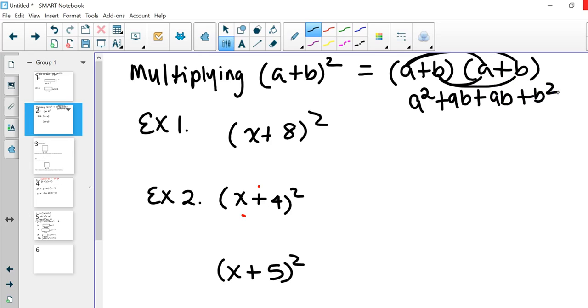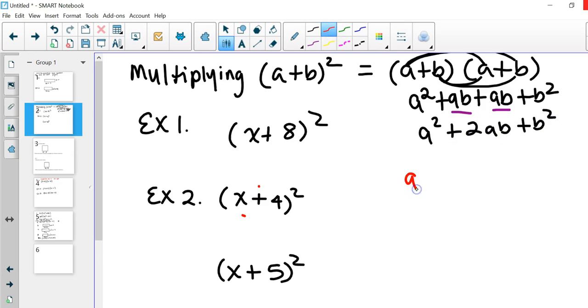After you distribute, remember you want to add your like terms. So we have two like terms here, one ab and one ab, so that gives me 2ab. So we get (a + b) squared is a squared plus 2ab plus b squared. So this is an identity you want to write down.